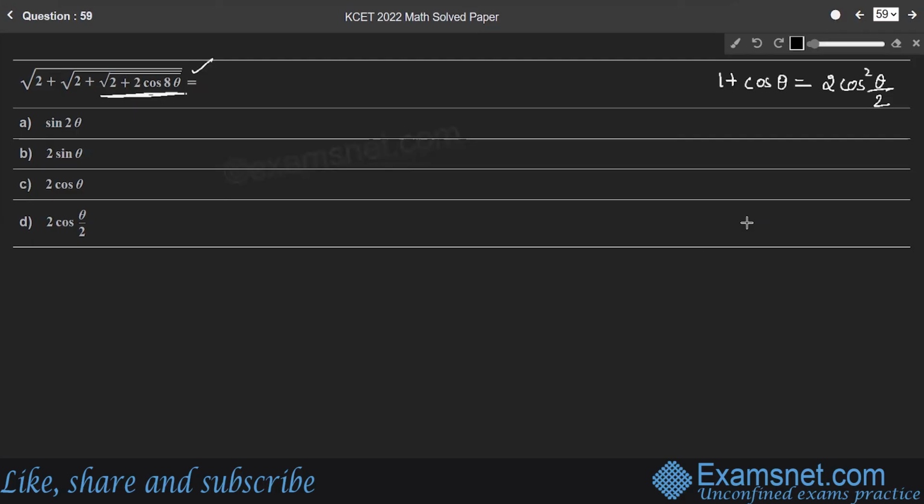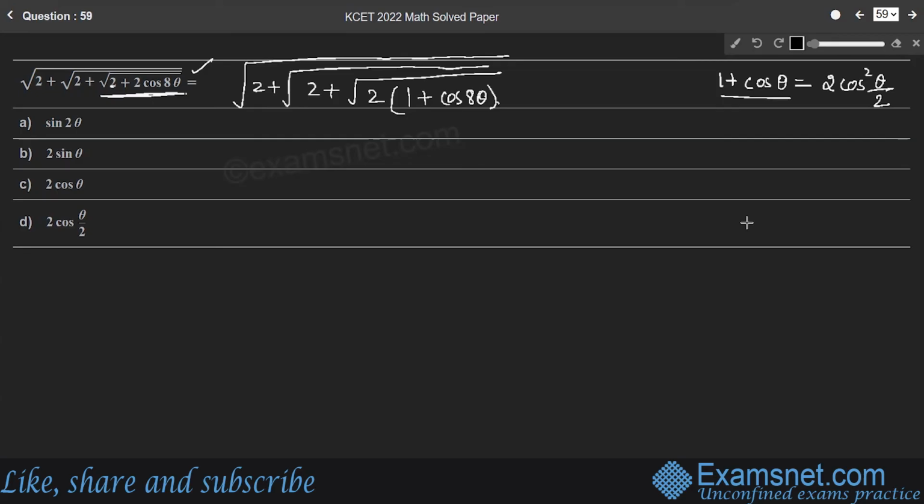In this, we'll consider the remaining part as it is: square root of 2 plus square root of 2 plus, and in the third root, inside that root, we'll take out 2 as common. So 1 plus cos 8 theta is the remaining part, which is in the form of 1 plus cos theta, where theta is 8 theta, right?